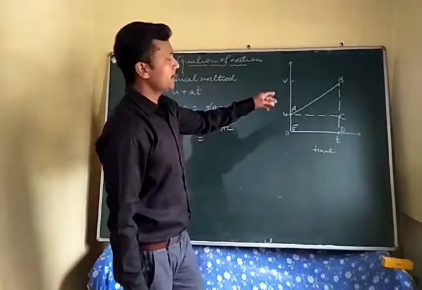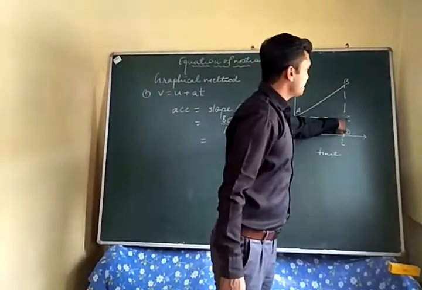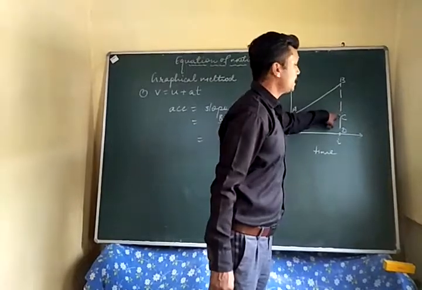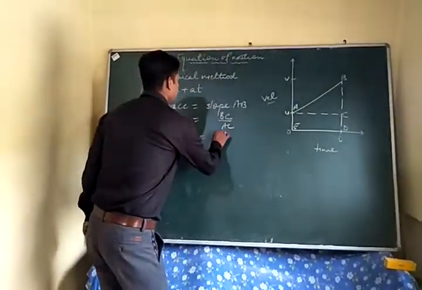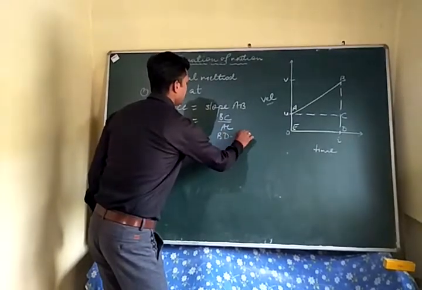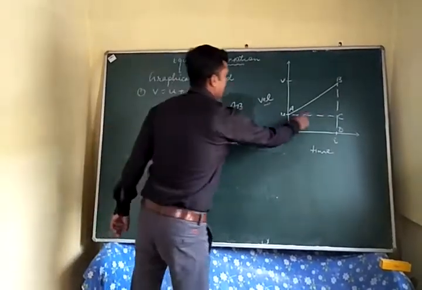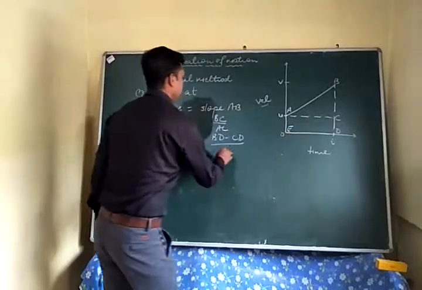BC can be further written as BD minus CD. And AC can be equal to DE.